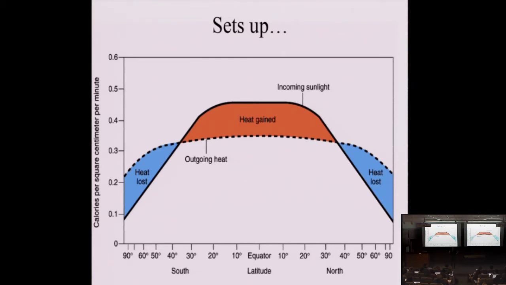The opposite is true at the polar regions from about 40 degrees south latitude to the South Pole, 40 degrees north latitude to the North Pole. That dashed line comes down a little higher than 0.2 calories per square centimeter per minute. So you see that more energy is leaving than is coming in.